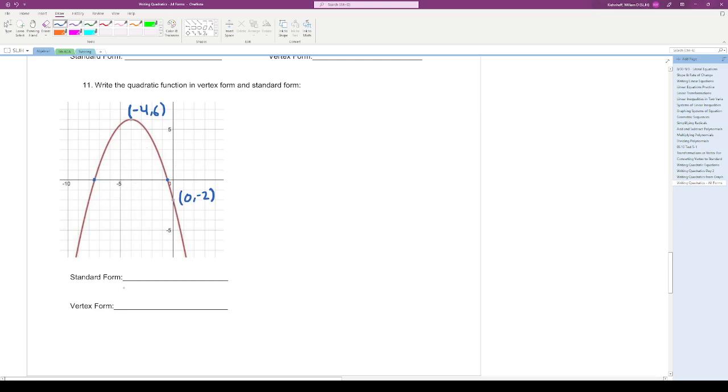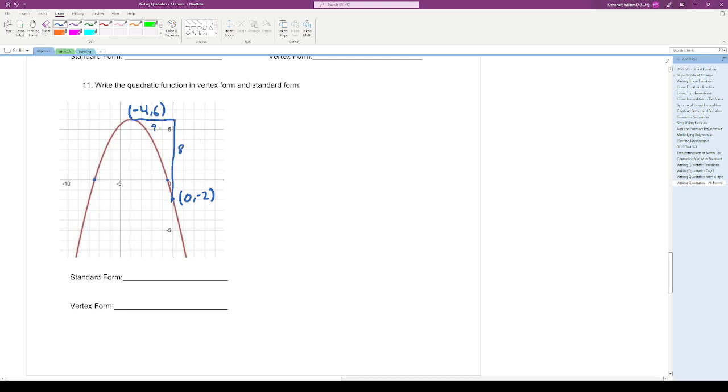Okay, so let's start off with vertex form. I'm actually just going to find the a value from the graph instead of plugging in. You can plug in like we've been doing up above, but I'm going to look at my graph, and I have this point here. To get there, I go over 1, 2, 3, 4, and I go down 6, 7, 8.